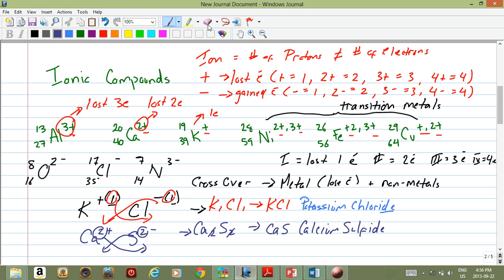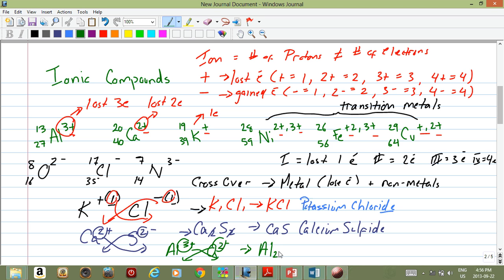Let's do one more example. Let's take a look at aluminum. So we'll put aluminum over here. Aluminum would like to be +3, and oxygen would like to be 2 negative. So again, if we put them together, we use the crossover rule. This 2 will go here, this 3 will go here.